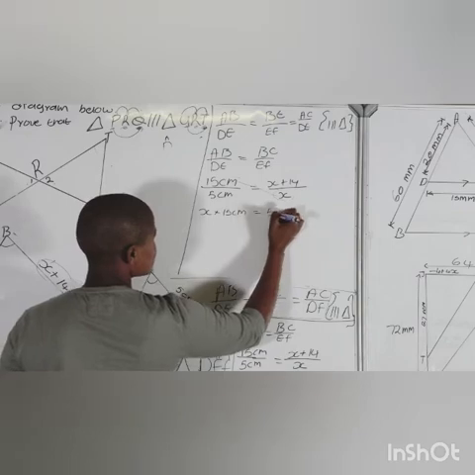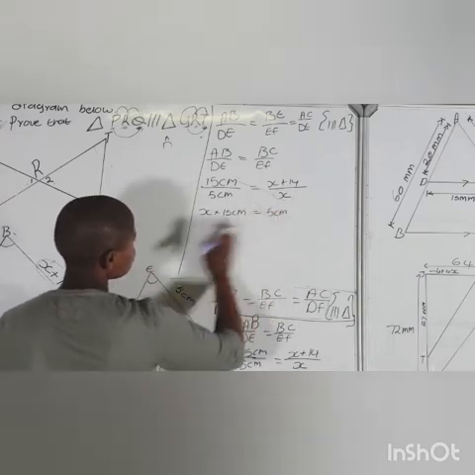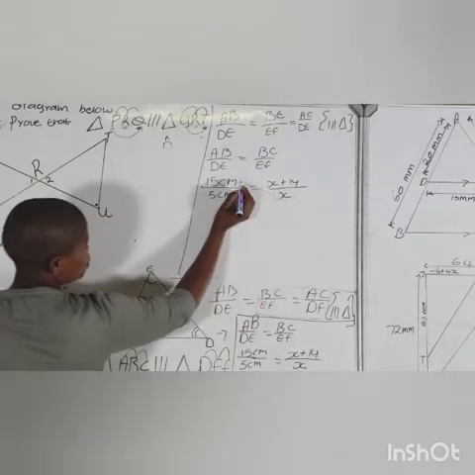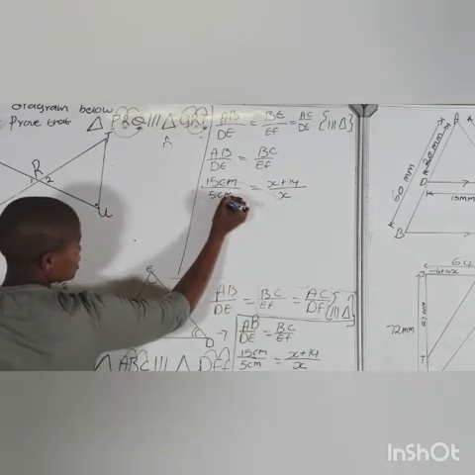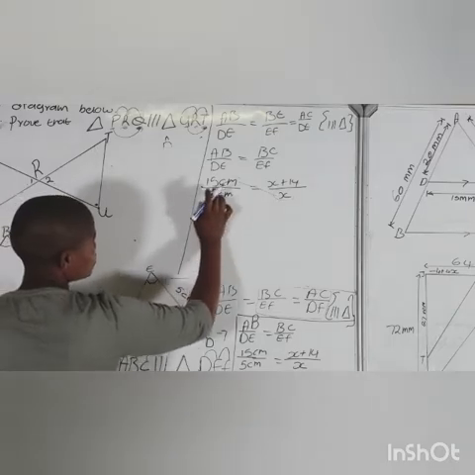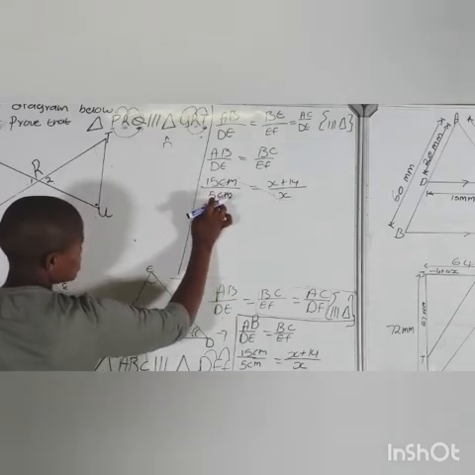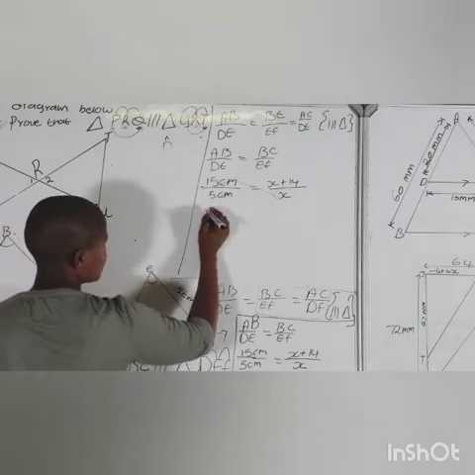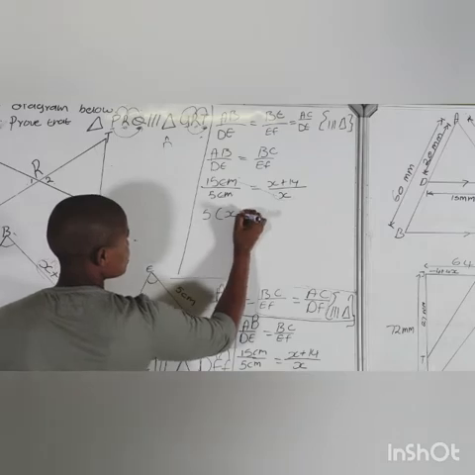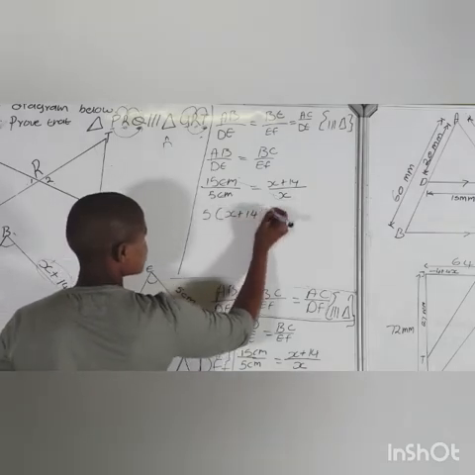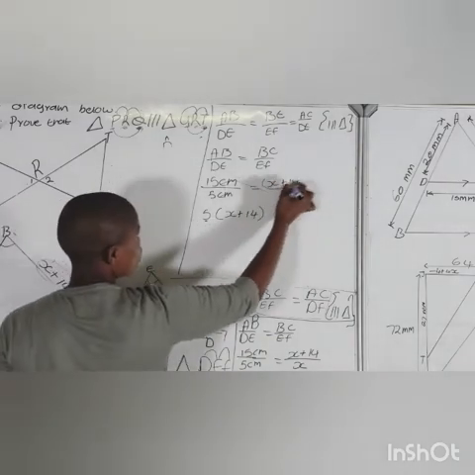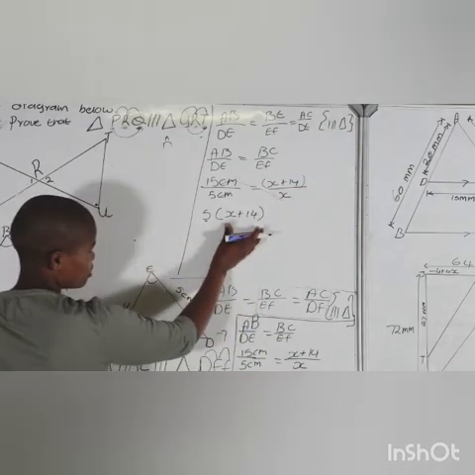It's 5 centimeters. Okay, let us get rid of the centimeters first because they are going to cause a confusion. The centimeter cancels the centimeter. Okay, so now we're left with 15 and 5. So we're cross multiplying. That's 5 into X plus 14. I cross multiplied. Remember, this 5 is multiplying the whole of that. That's why I put it in brackets.